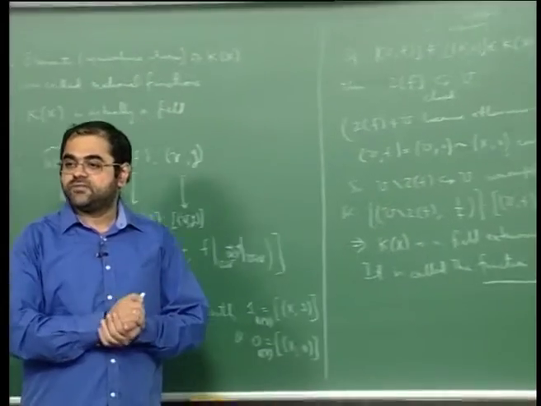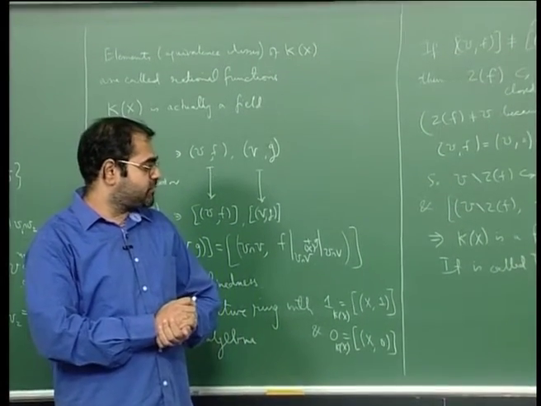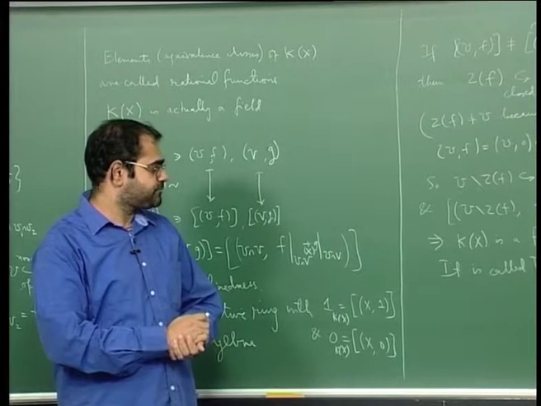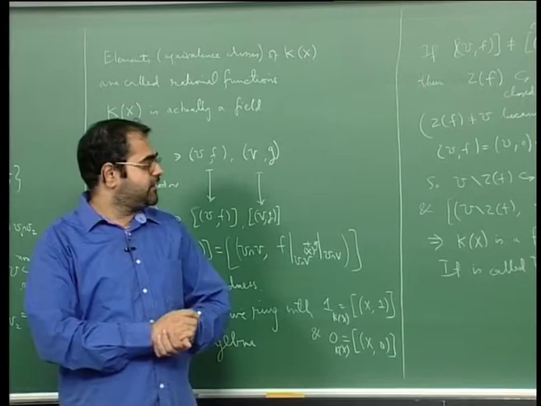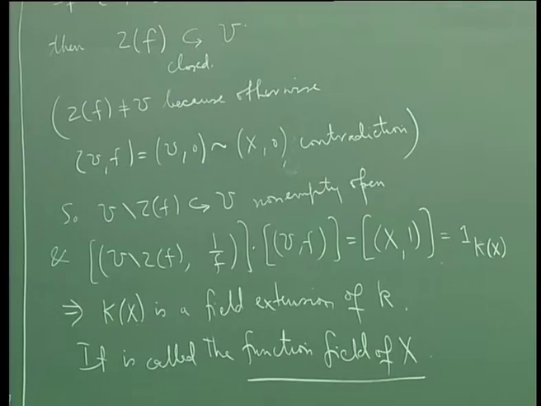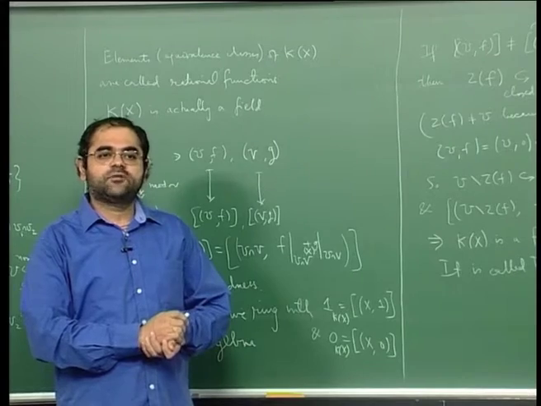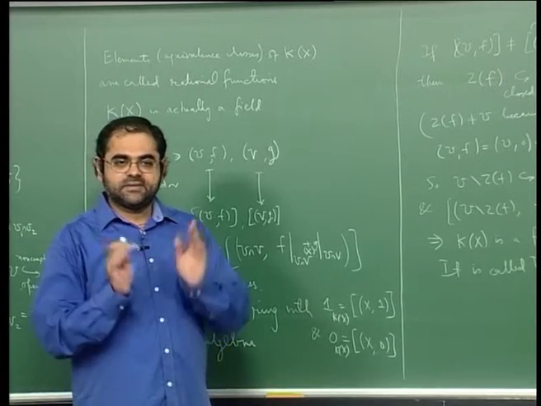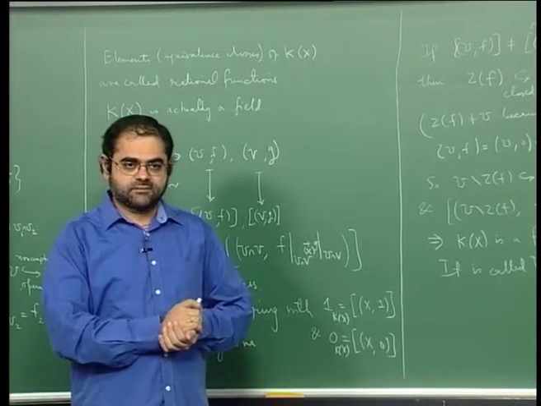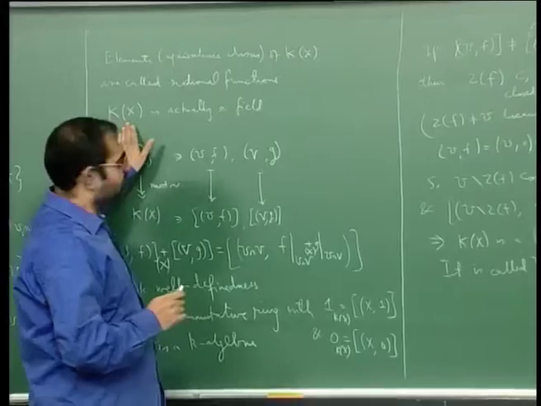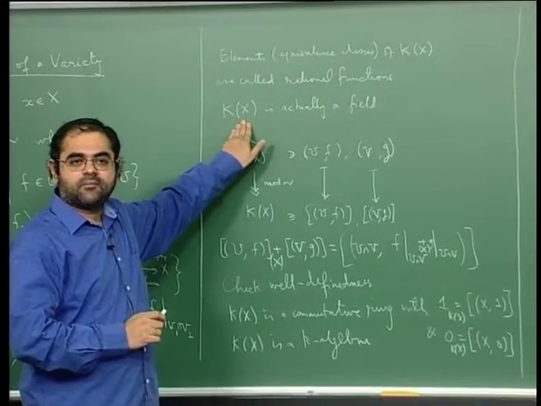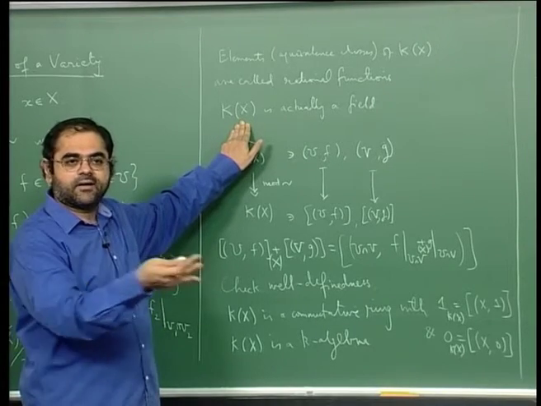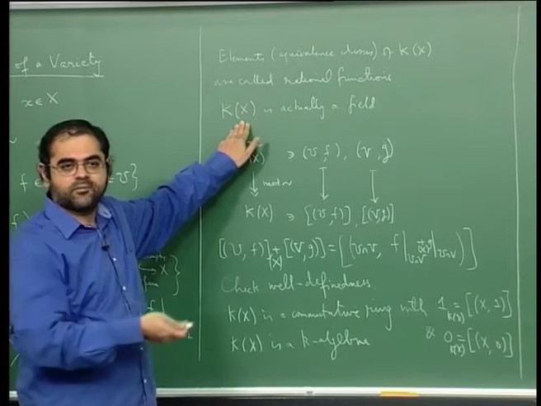It is called the function field of X, and what is so special about the function field of X? The answer to that geometrically is the following: the function field of X will give you all the information that is true on a large open subset of X. This is the philosophical importance: Kx will contain all the information about X which you can find on a large open set. Of course any non-empty open set is large.